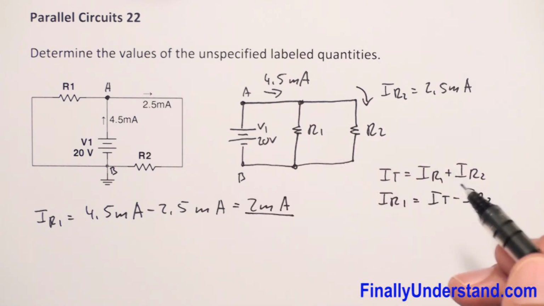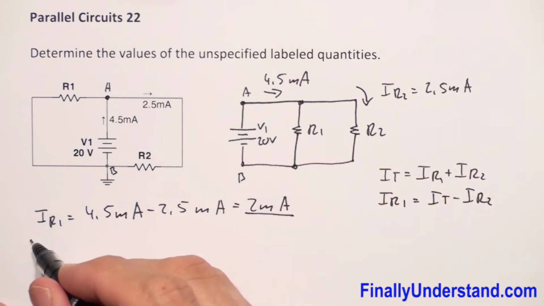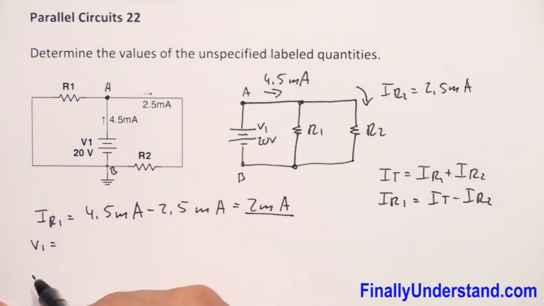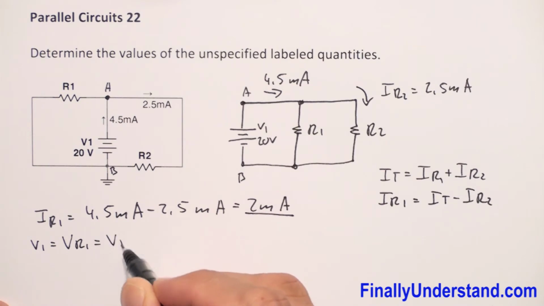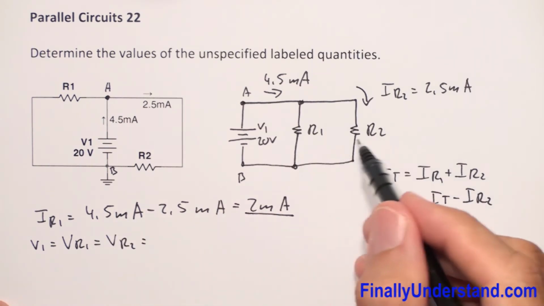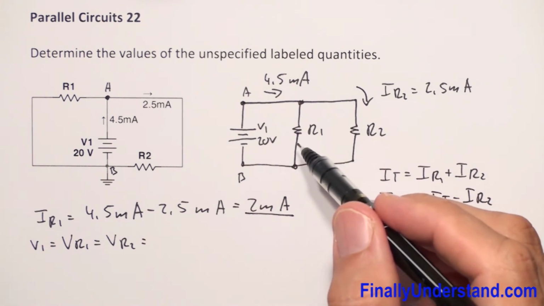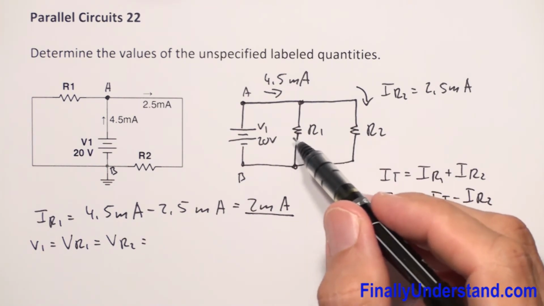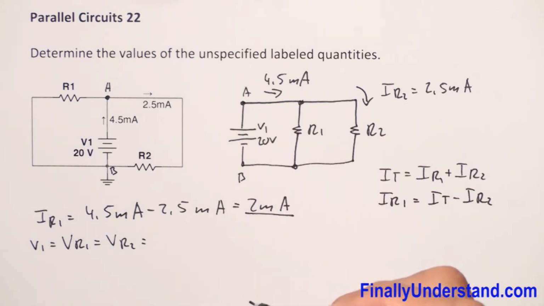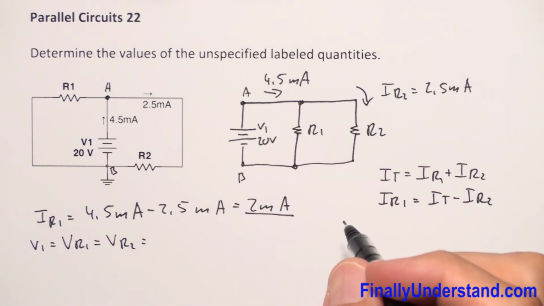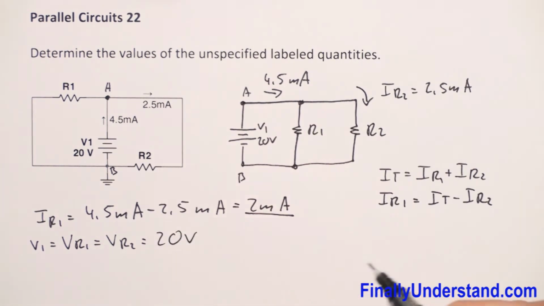So in order to find resistor R1, you're supposed to keep in mind that V1 is equal to VR1. This is also equal to VR2, because these resistors are in parallel and are also in parallel with the voltage source. So it means that the voltage across each component is exactly the same. So I have VR1 is equal to VR2, and this is equal to the voltage source, which is equal to 20 volts.